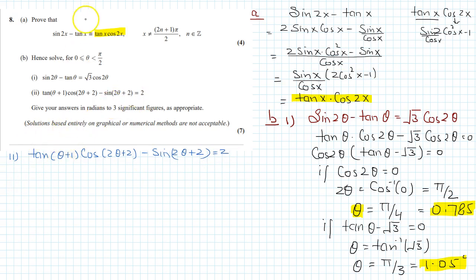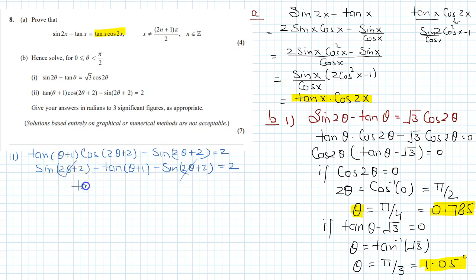Now this one is equal to this. We can write it as sin 2 theta plus 2 minus tan theta plus 1 minus sin 2 theta plus 2 is equal to 2. So we can cancel this.